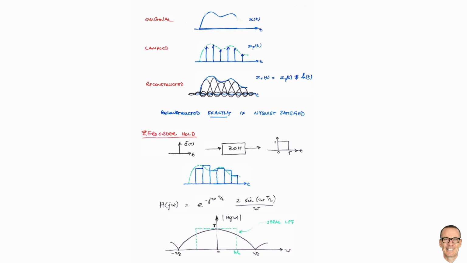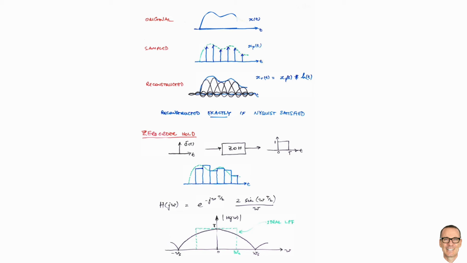So the sinc function convolved with each of those deltas is going to give you each of those black sinc functions with an appropriate height corresponding to the sampled height. And then when you add up all of those sinc functions in the time domain, you will reconstruct the original signal, as long as you've sampled fast enough. And so that's a visual, graphical way of understanding the sampling and the reconstruction with an ideal low-pass filter.